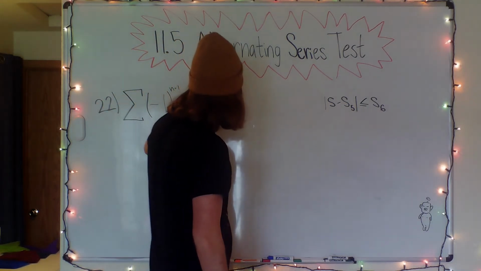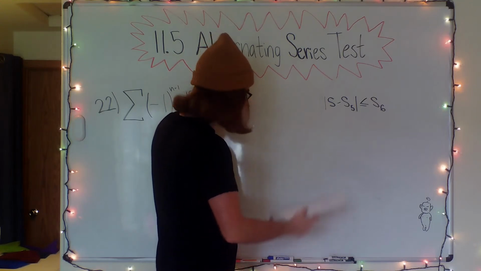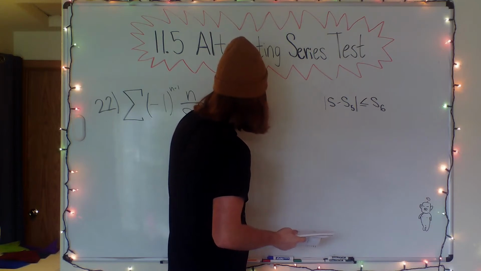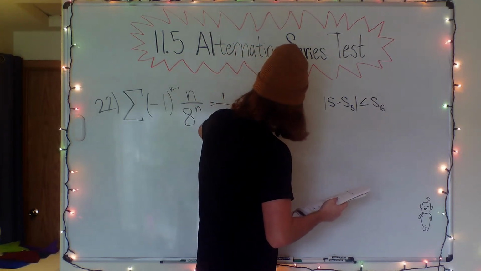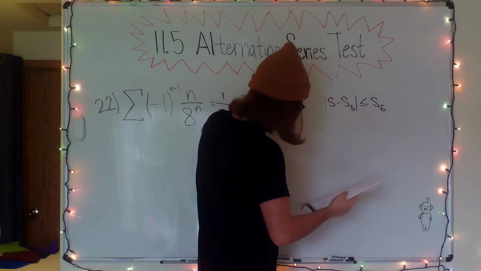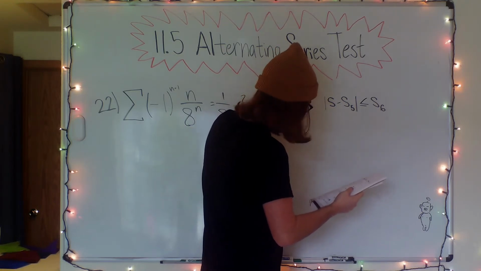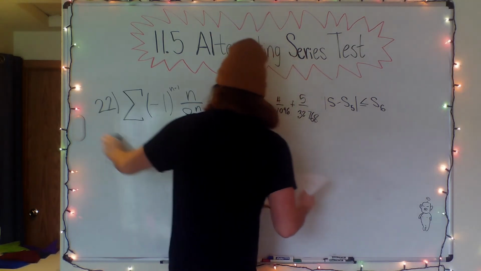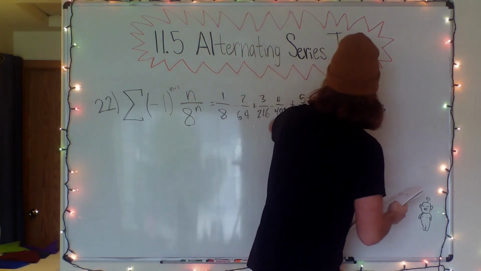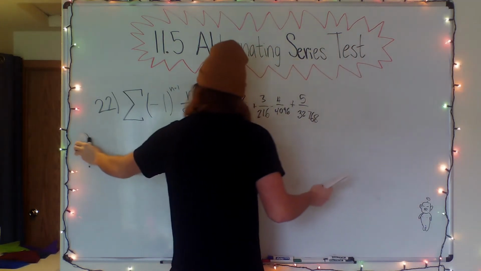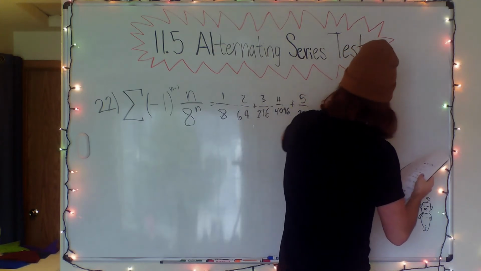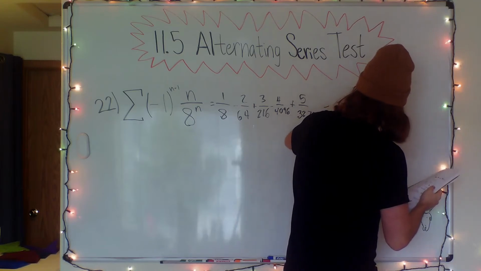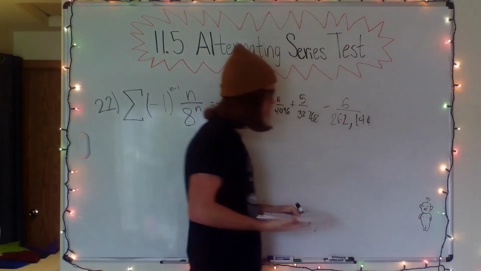So we have 1/8 minus 2/64 plus 3/512 minus 4/4096 plus 5/32,768 minus 6/262,144.